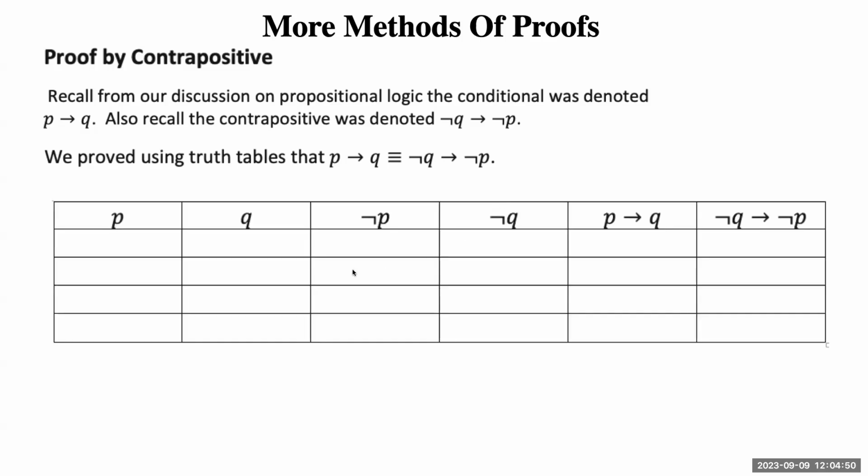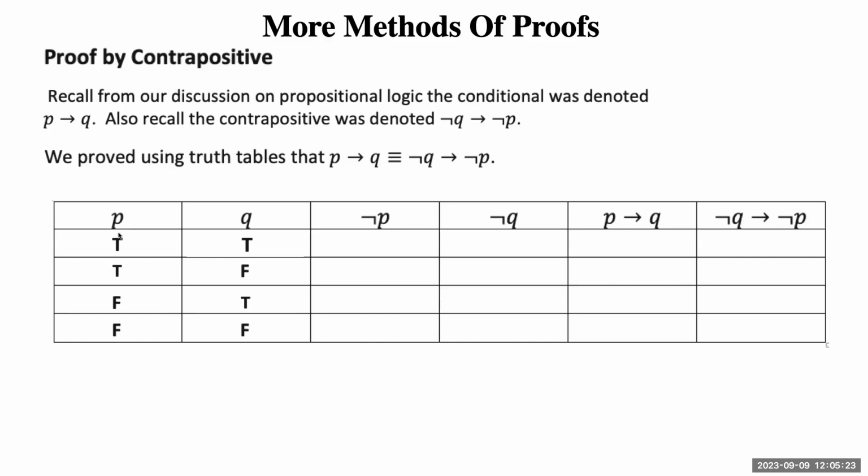To create a truth table to show that this logical equivalence is true, I created a table where I had only 2 base propositions, P and Q. Notice I needed not Q and not P, so I created a not P and a not Q column, and then a P implies Q and a not Q implies not P column. Since I've got just 2 propositions, I'll fill it in our normal way: true, true, true, false, false, true, false, false.